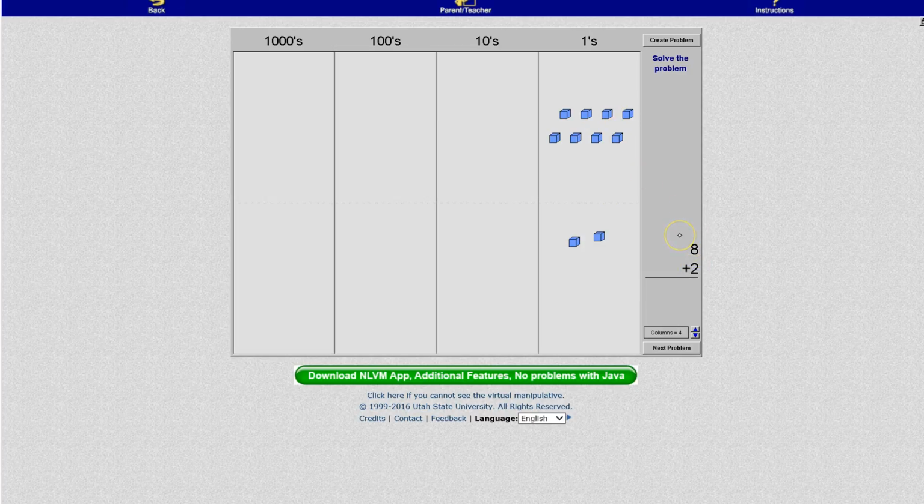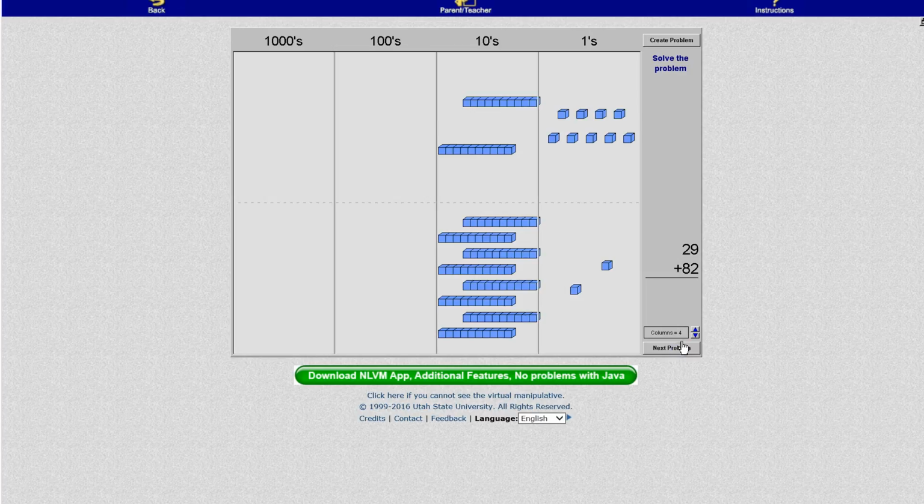So if we have 8 and 2, they can do this by hand, but I like the way this site does this. I will lasso all 10 of them. And now we have 1 ten unit, which we can carry over to the tens place. Okay, let's make one a little bit more complicated. So here we have 29 and 82.